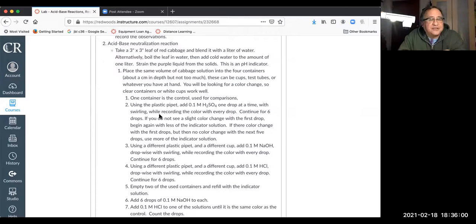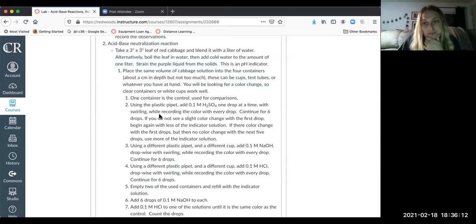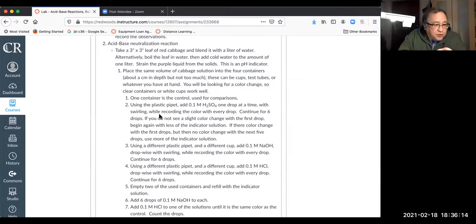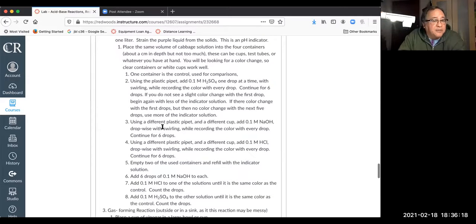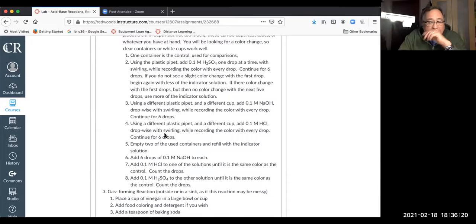The next step is to make 4 containers with the cabbage juice, very thin amount, right? Okay, so step 2 here is then add the sulfuric acid. Step 3 is add the sodium hydroxide, and step 4 is add the hydrochloric acid, each to a different cup, right?